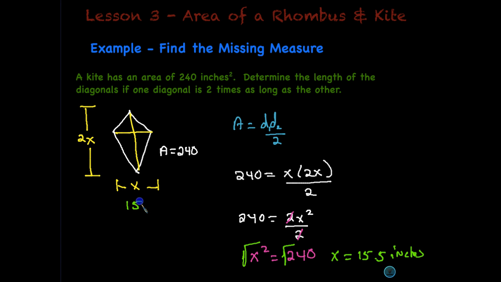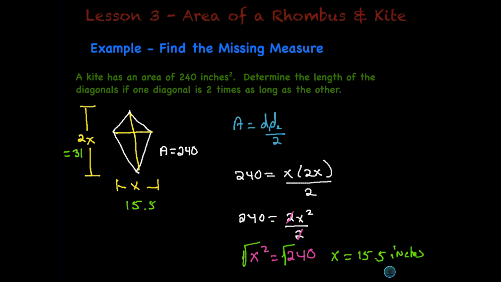X is 15.5. It says, determine the length of the diagonals. So we found one of the diagonals. The other diagonal is 2 times 15.5. So what is that? Well, that would be 31. 2 times 15.5 is going to be equal to 31 inches.